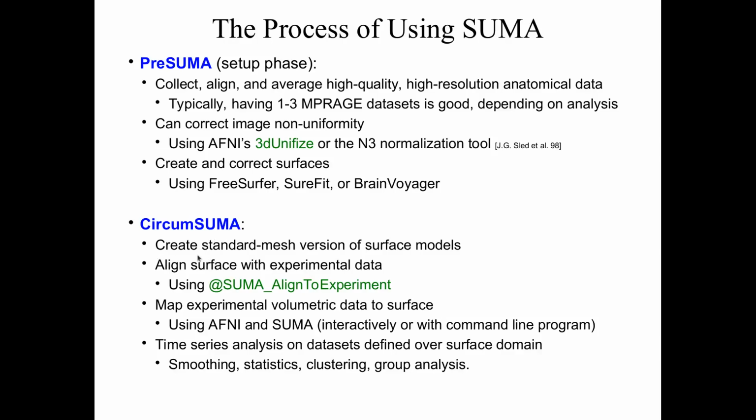We also have the ability to align the surface to experimental data. There's a program in AFNI called @SUMA_AlignToExperiment. And very usefully, this gets into the complementarity of AFNI and SUMA. We can map volume data to the surface and also surface data to the volume, back and forth, and we'll take a look at this.